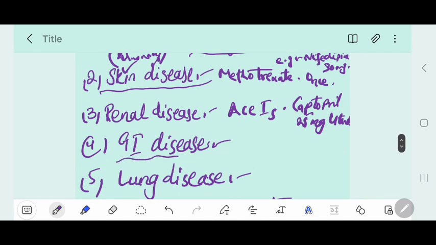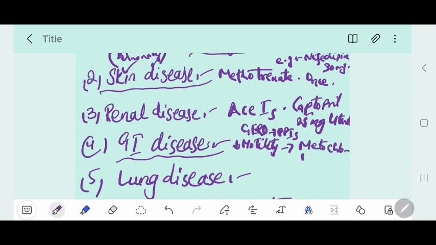In GI disease, for GERD, you will give PPIs. For decreased motility, you will give metoclopramide.